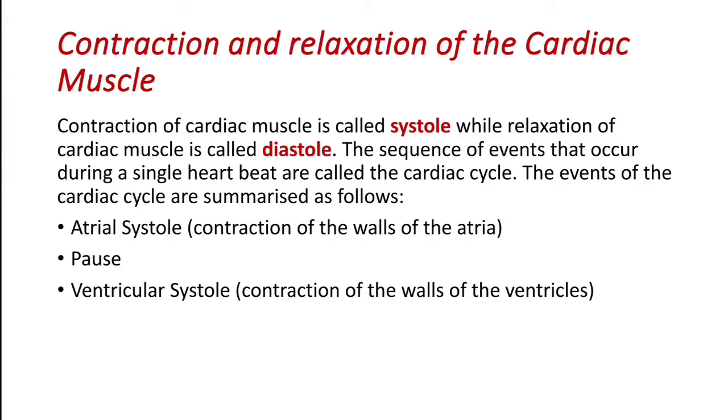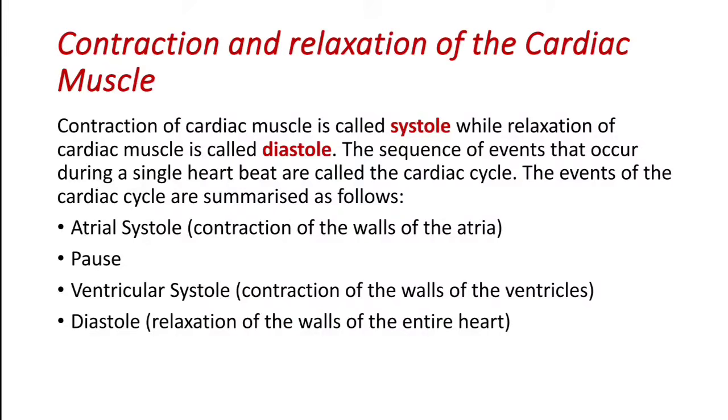Ventricular systole. So ventricular systole is now referring to the walls of the ventricles. Ventricular systole is simply the contraction of the walls of the ventricles. So when they contract, that is referred to as ventricular systole.